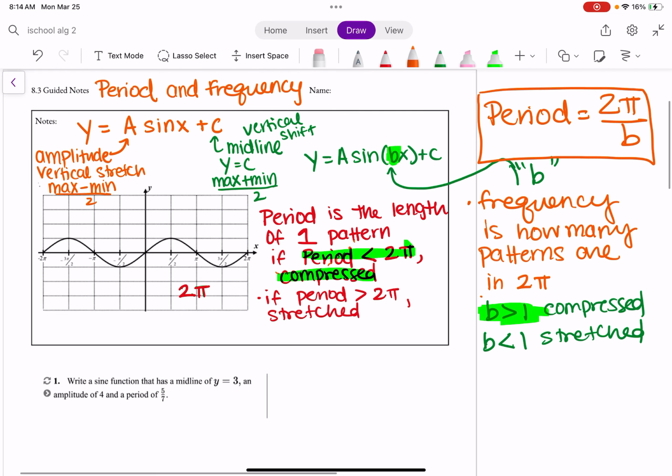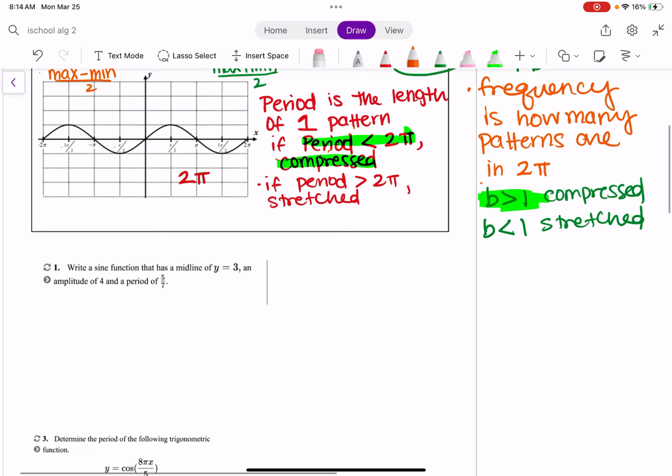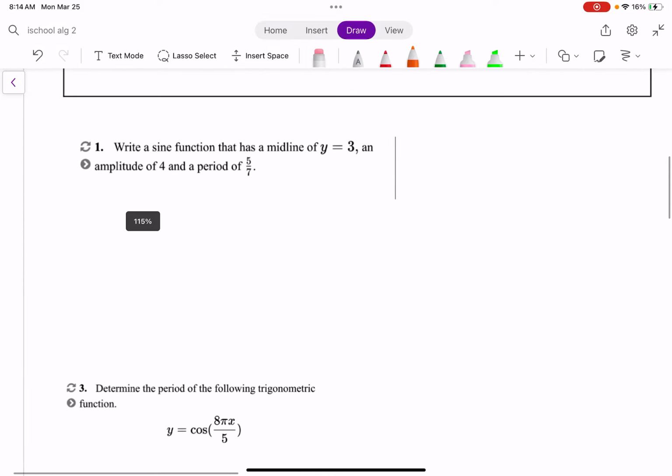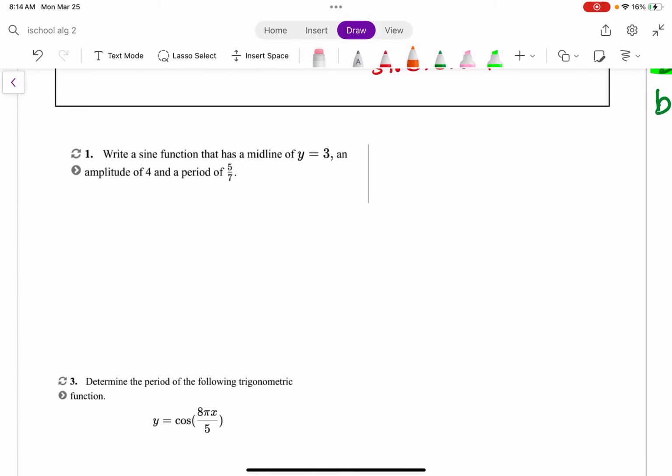This is the formula. So let's actually go through some of these problems. We want to write a sine function that has a midline of y equals 3, which is c, an amplitude of 4, that's my a, and the period is 5/7.